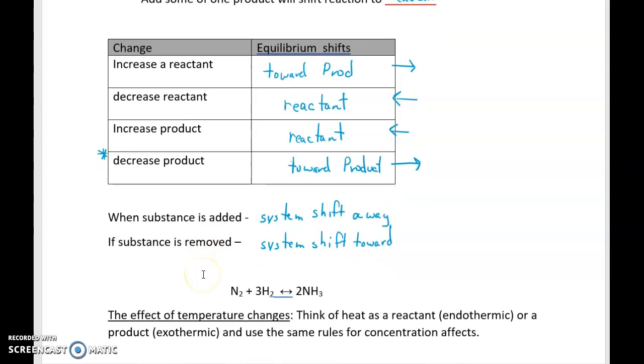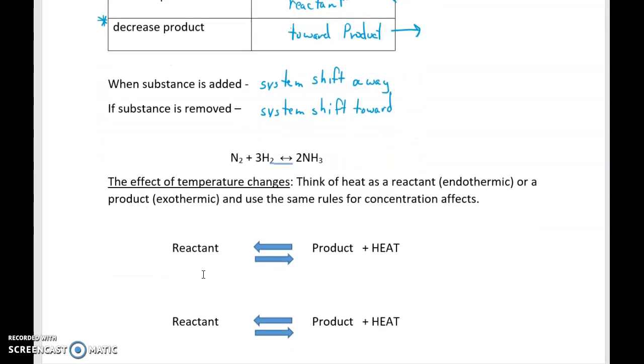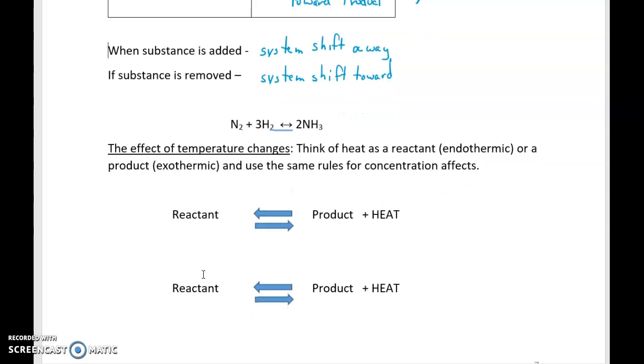So let's look at the effect of temperature changes. We can think of heat as being a reactant in endothermic reactions and a product in exothermic reactions. And we can use the same rules as we use for concentration.